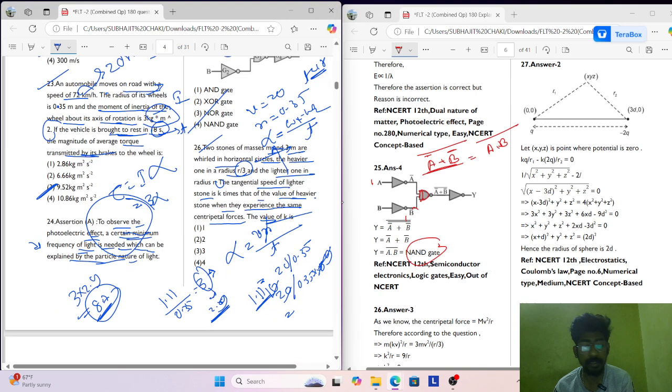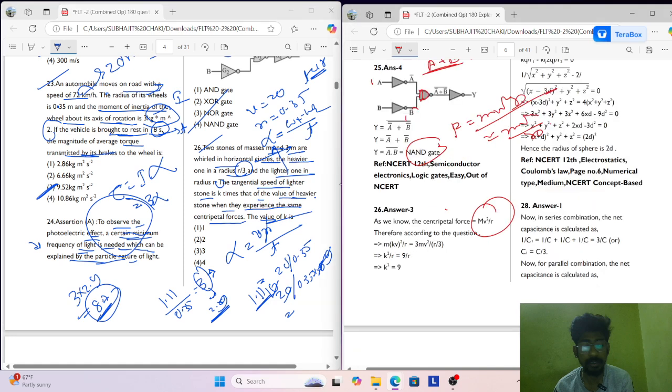Centripetal force is given by the formula F equals to m omega square r or mv square by r. Okay, so in the case of this, mv square by r is given. One is m, k v, one is 3m, v, r by 3, right?